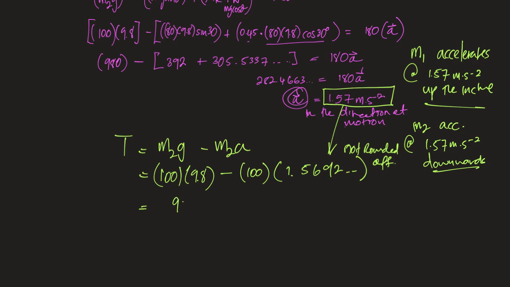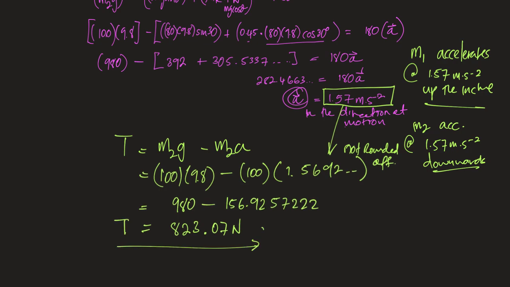So I'm left with 980 minus 156.9257222, etc., and I'm going to end up with 823.074 something. So it's going to be 823.07 newtons. And therefore, that is the tension in the string that we're dealing with. Right? So this is your applied force that's driving this whole system.